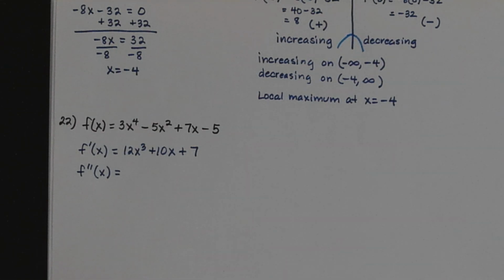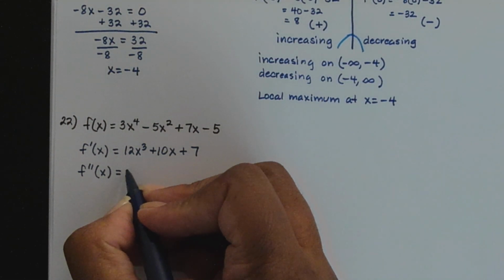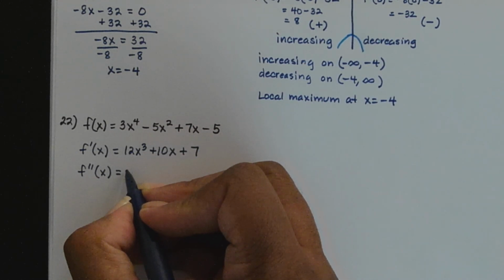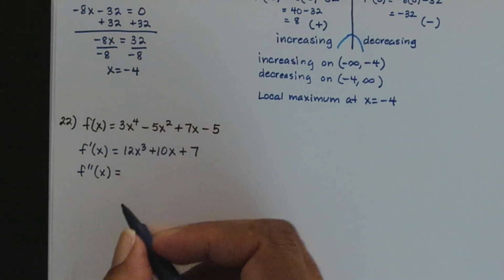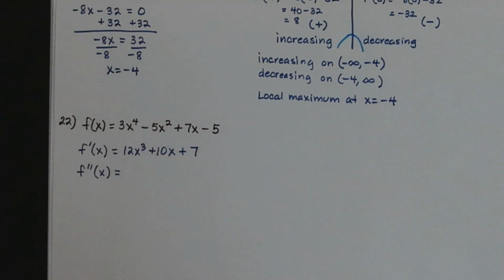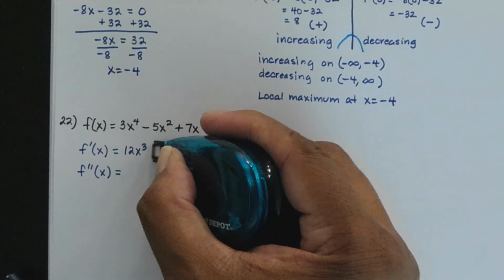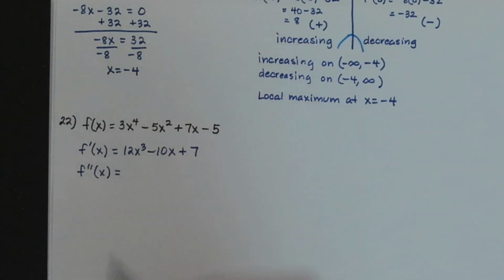So the second derivative here would be, what would be your second derivative? Will it be plus 10x? Oh, minus 10x. No wonder. Okay. So f prime of x is 12x cubed minus 10x plus 7.